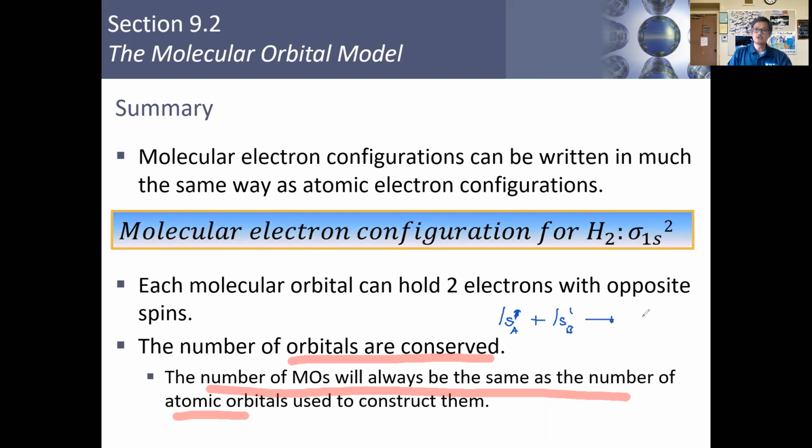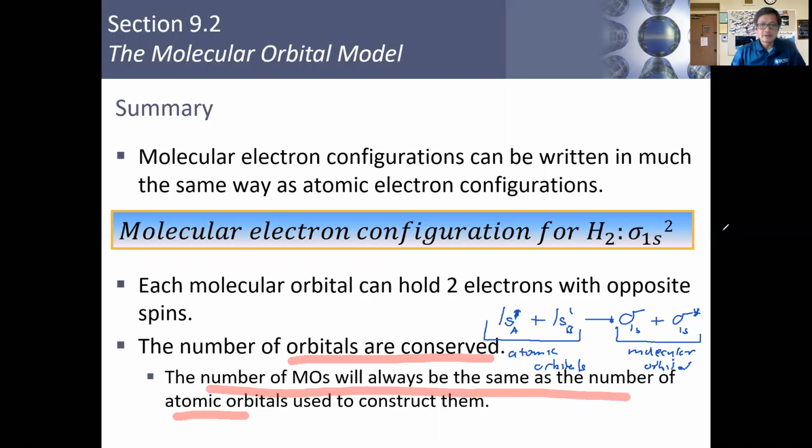We get two molecular orbitals, a sigma 1s and a sigma 1s star, which are bonding and anti-bonding. We start out with two atomic orbitals, and we end up with two molecular orbitals. So conservation occurs, and that's what we mean by orbitals being conserved.